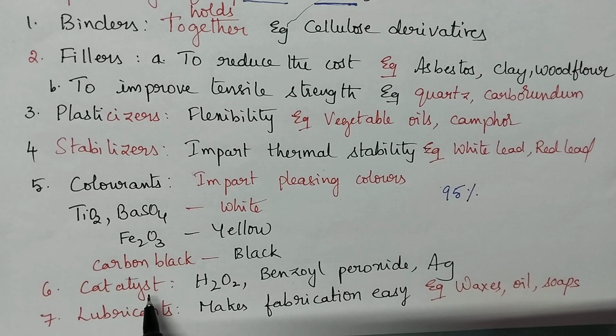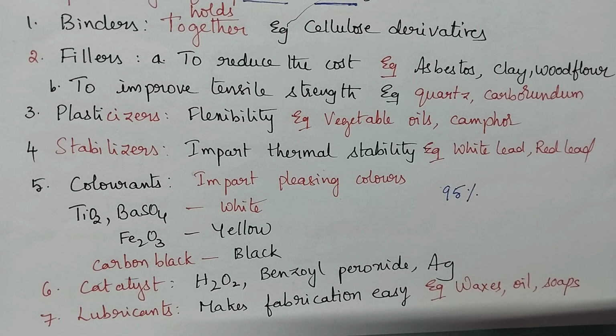Coming to the catalyst, what is the importance of catalyst? They accelerate the rate of the reaction. Generally, peroxide will be used as the catalyst. Hydrogen peroxide, benzoyl peroxide, even silver will act as a good catalyst.